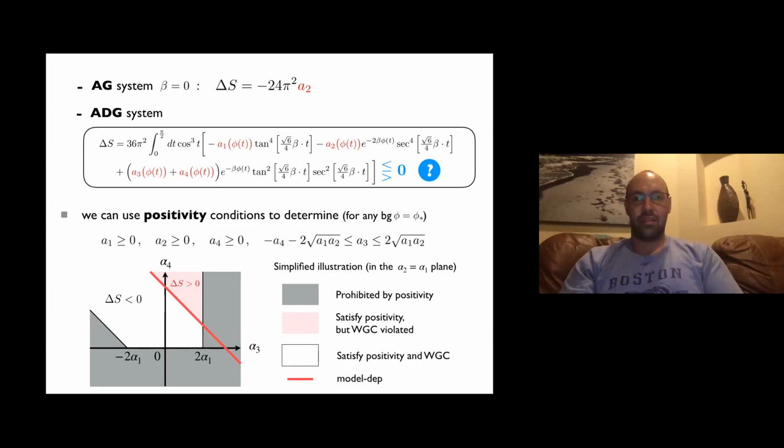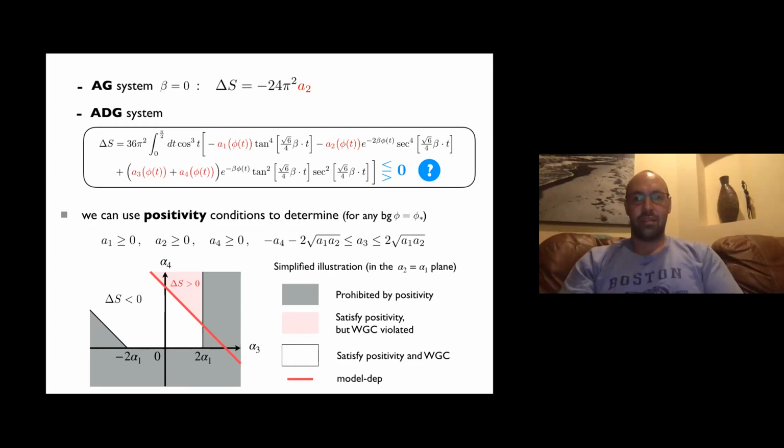And if it's much bigger than anything else, for example, this delta S can be positive. And this is summarized in this sketch down here, which is actually a simplified illustration in the A1, A2 plane, where these are the A coefficients.